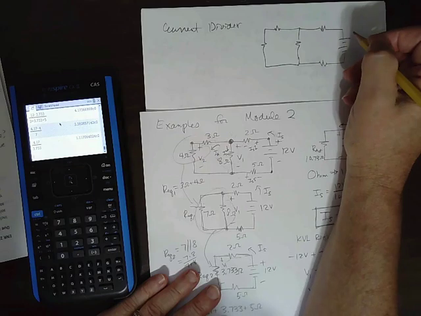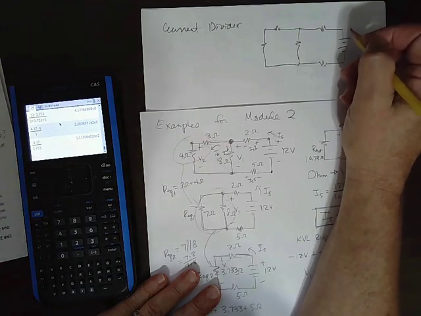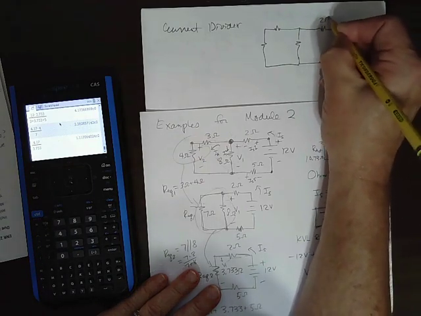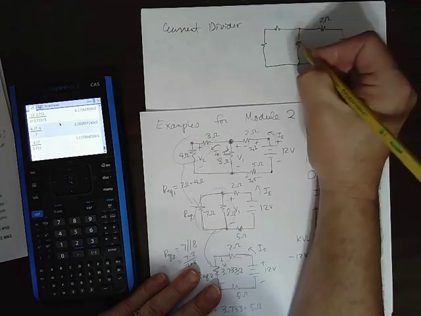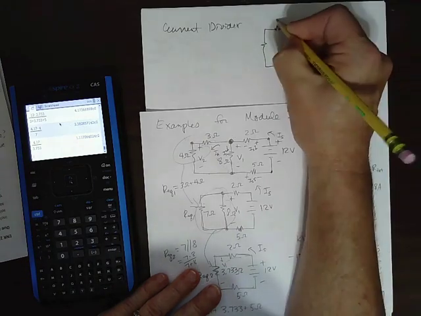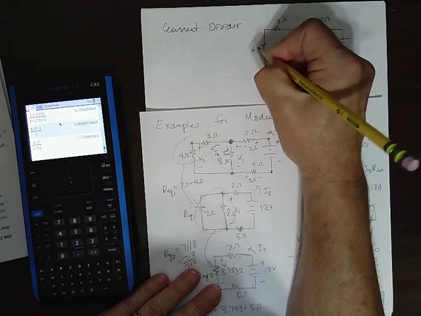Well, so this one will take a little bit. Let's see what we can do here. 8 ohms, 3 ohms, 4 ohms.